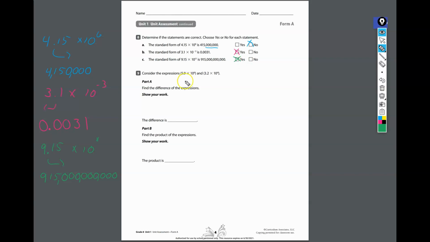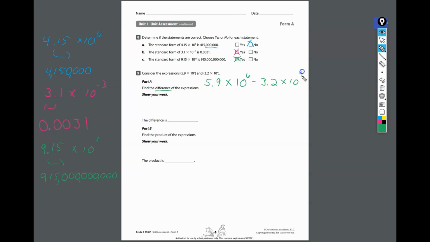Number 9. Consider the expression 5.9 times 10 to the 6th and 3.2 times 10 to the 4th. Find the difference. When you're finding the difference, it's a lot like fractions. You want to have a common denominator, but here we don't have denominators. We need to have the same base.